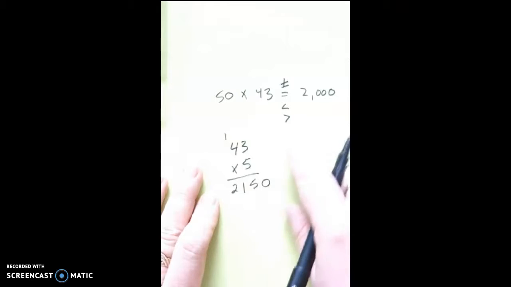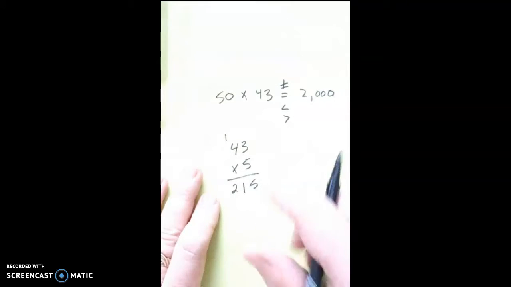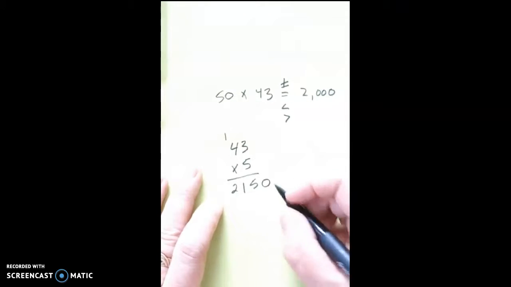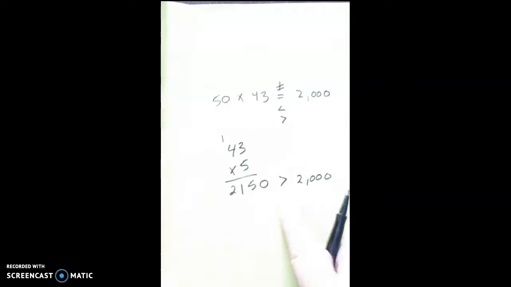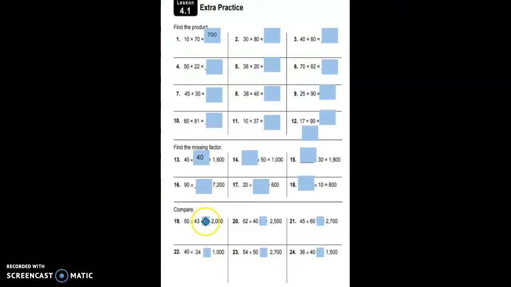Is that greater than, less than, or equal to 2,000? That's right, it is greater than 2,000. So I'm going to go to my keyboard, and I'm going to find the greater than symbol, which is on the bottom row of keys.